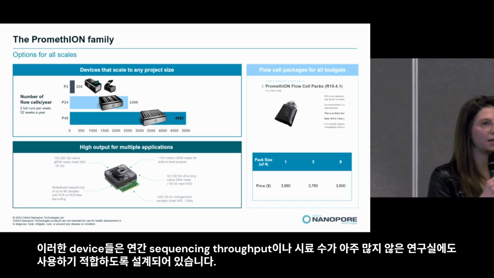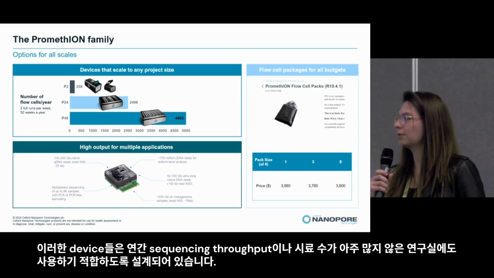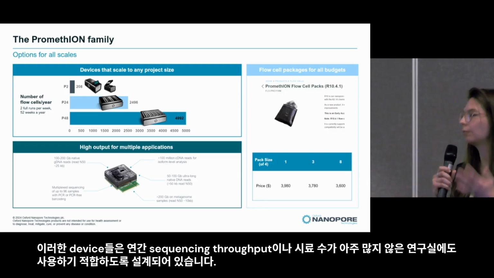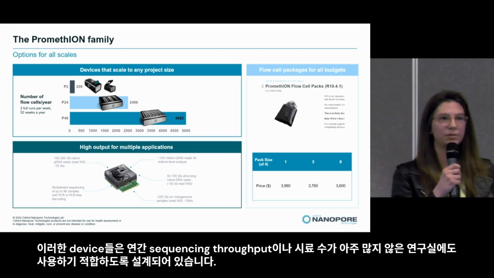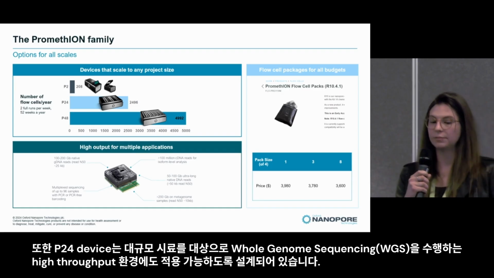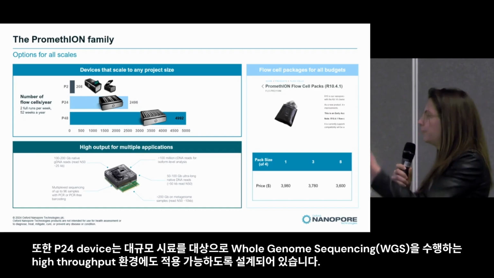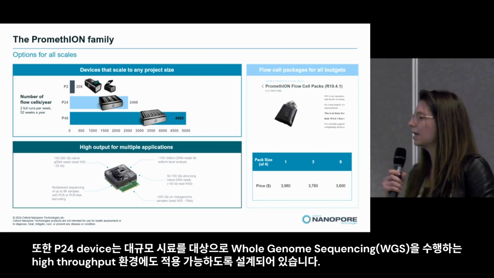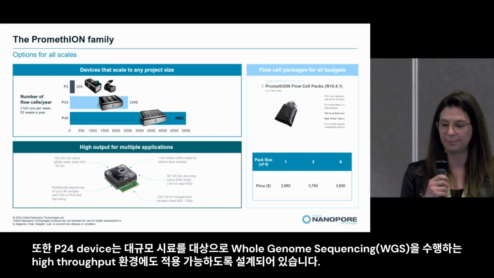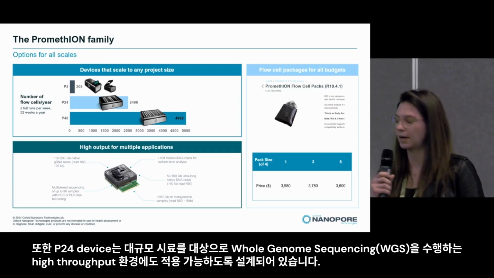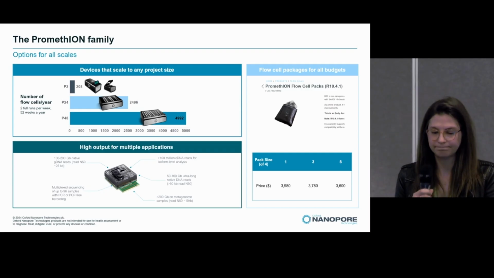These devices cater to labs that might not have a really high throughput or high volume of samples that they're sequencing in a given year, up to something like the P24 or P48 if you're doing an enormous high volume of sampling, generating whole genome sequencing samples.